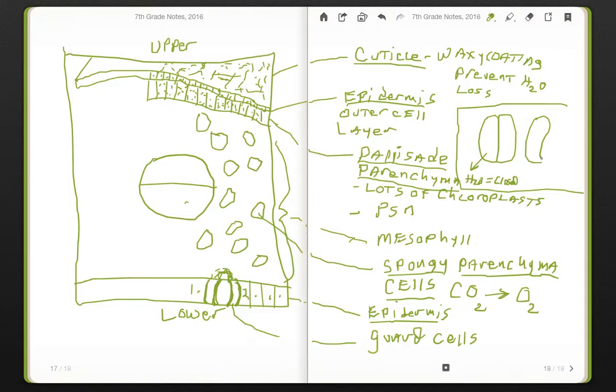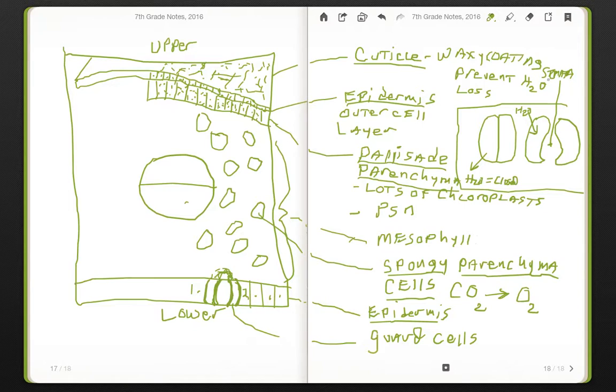When they make sugar, the cell wants to take in water, and that has to do with osmosis, and we'll get to that later, how come making sugar makes water go into them. But when water goes into them, these two guard cells open up. So when water goes in, we're going to put H2O here, they open. And that opening is called a stomata.